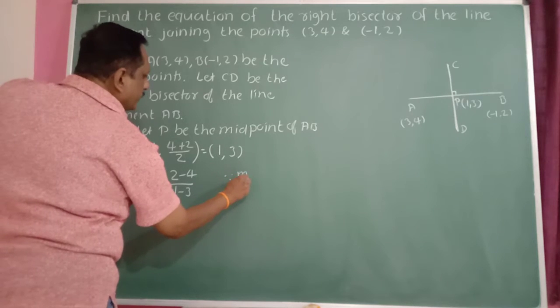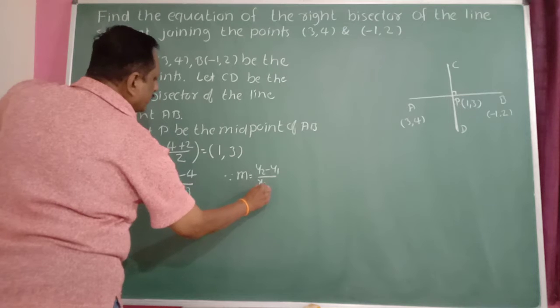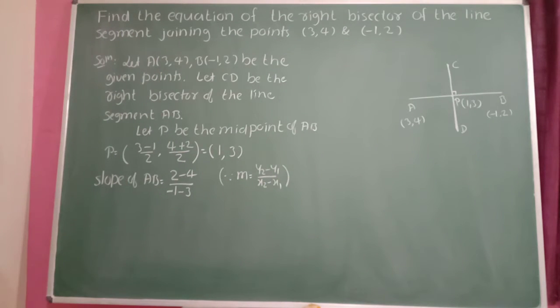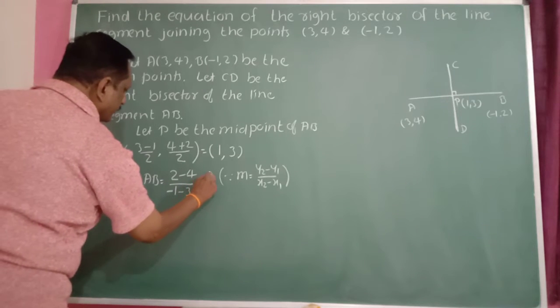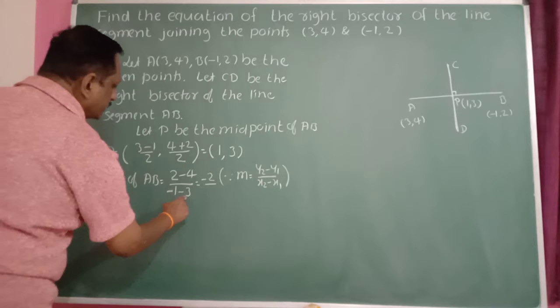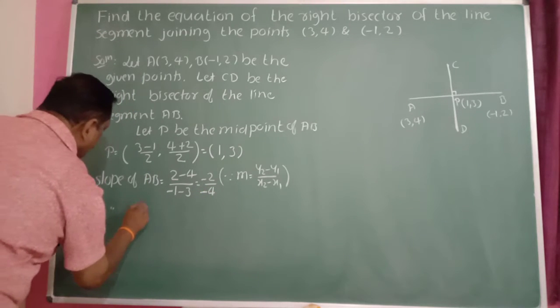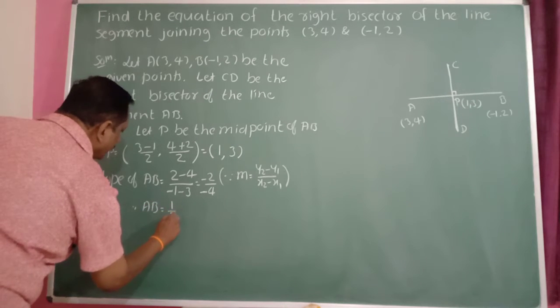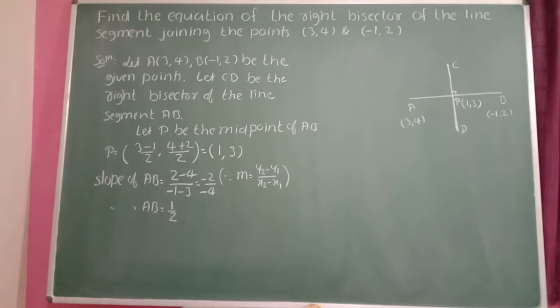We are using the formula (y2 minus y1) divided by (x2 minus x1). 2 minus 4 is minus 2. -1 minus 3 is minus 4. Therefore, the slope of AB is equal to 1 by 2. Minus upon minus becomes a plus. It is the slope of the line segment AB.